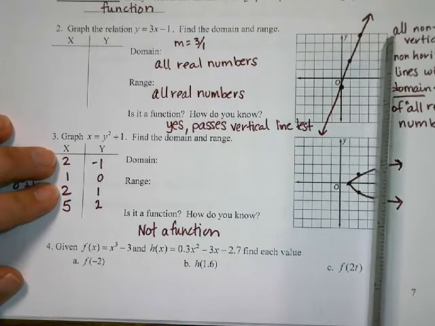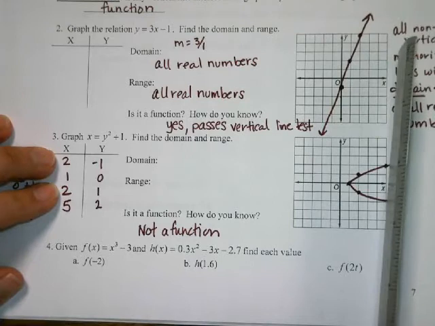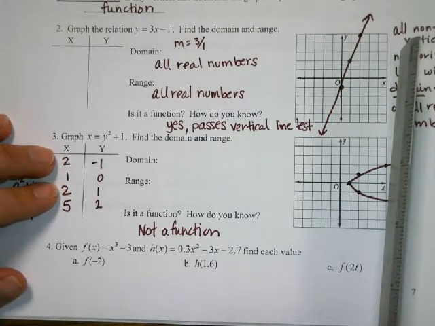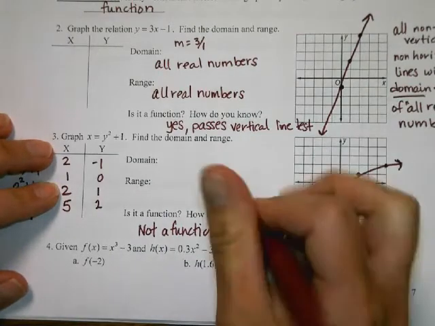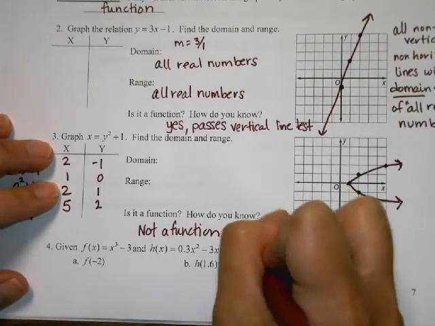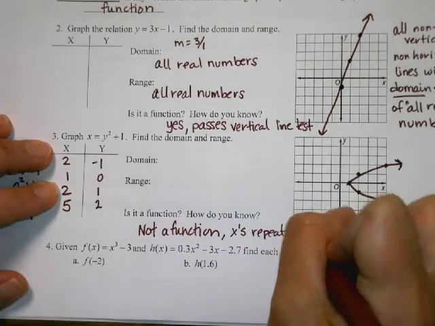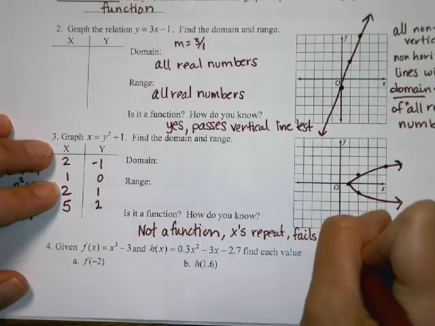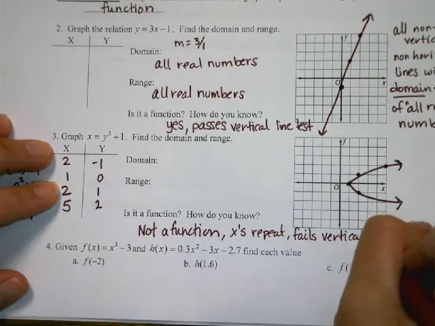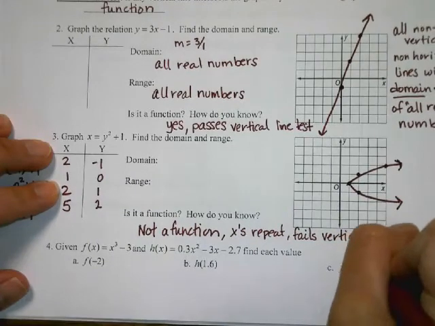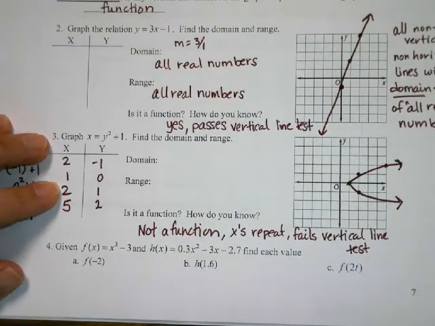Otherwise, no matter where I draw my line, it touches it at least twice. So it fails the vertical line test and the x's repeat.